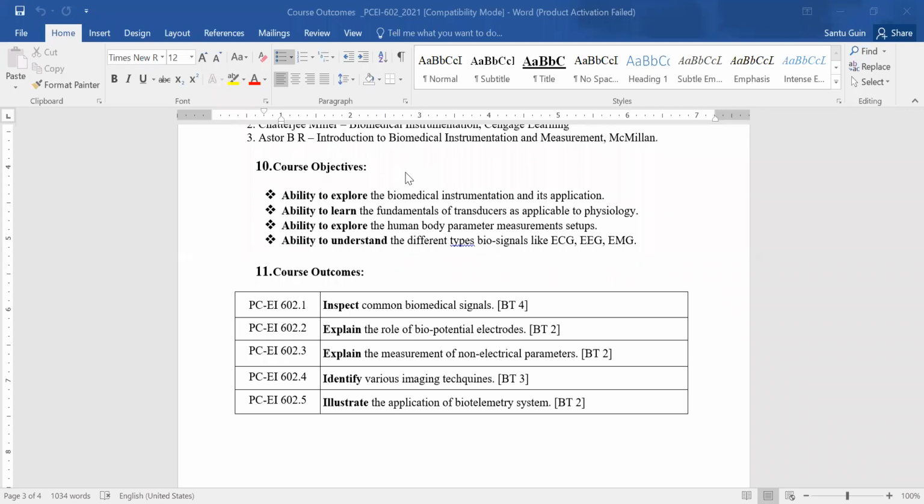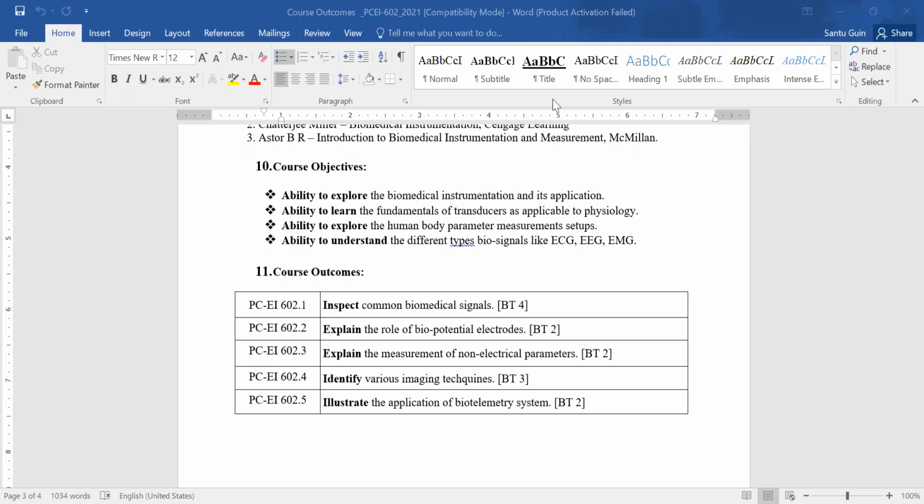That is one type of biotelemetry system, like an online video call, by which you can ask your doctor, or communicate with pathological centers to perform certain measuring techniques. That is based on the biotelemetry system for long distance communication purposes. So these are the five outcomes you can explore after completing this course.